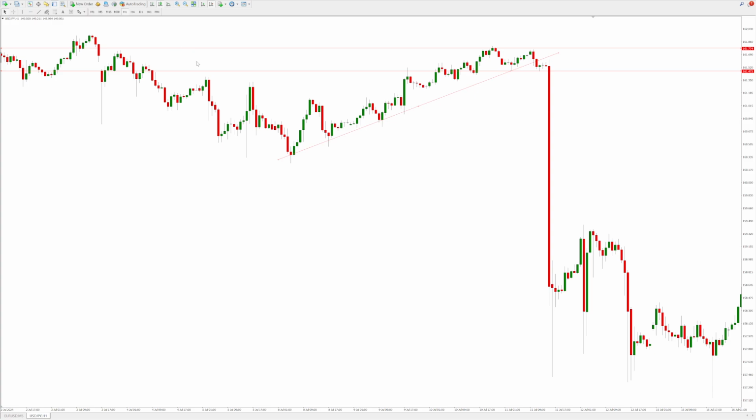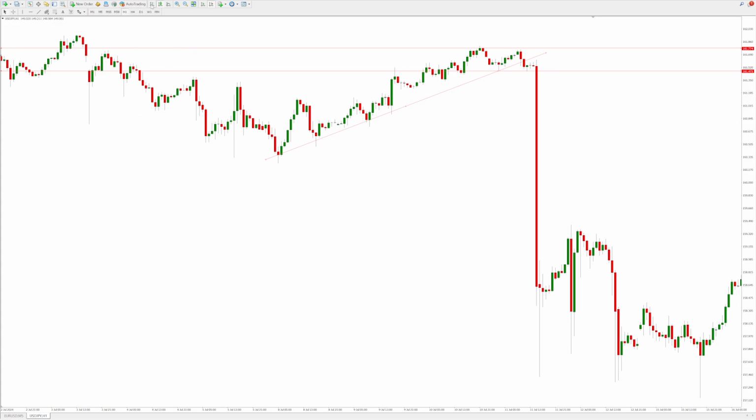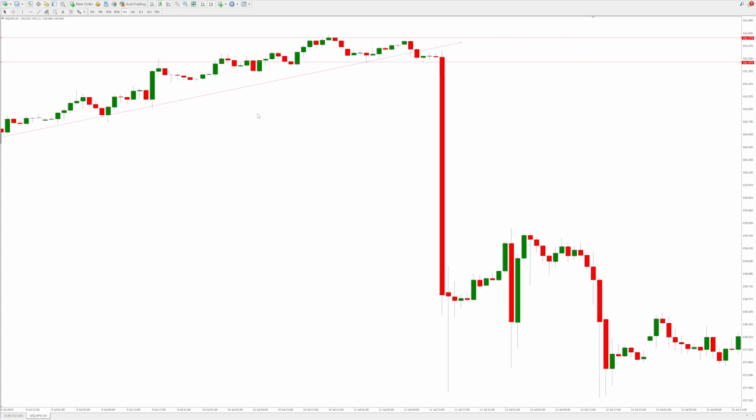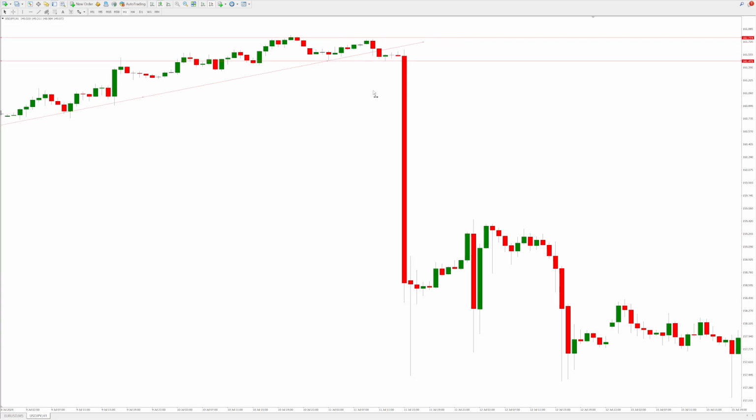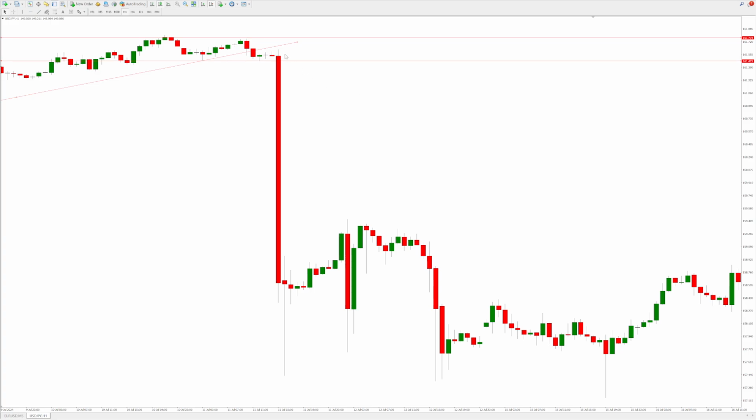Some people think that because you're trading on the higher time frames, you have to have a wider stop loss. It's not the case, as we can see from this trade. We could have put the stop loss above this resistance level here. It would have only been around 30 odd pips, which is reasonable for the 1 hour chart time frame, especially when you consider this trade went 1,000 pips.